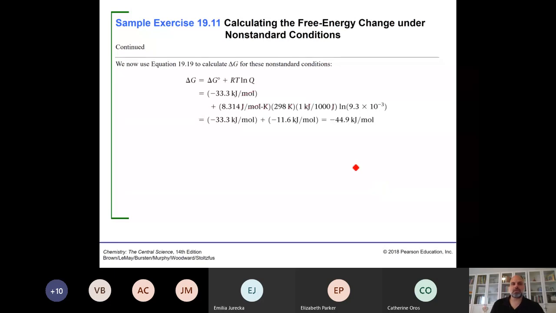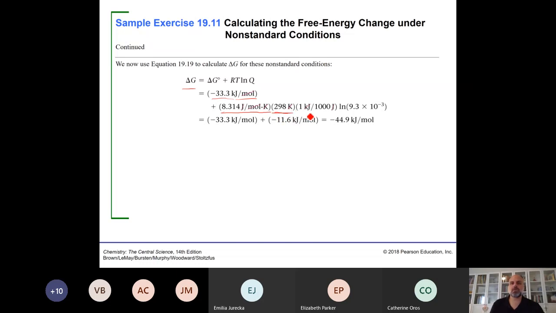We then plug this into the equation. Our delta G for the reaction is going to be equal to our delta G naught plus RT. R is the constant here, which, when you look up in the table, is 8.314 joules per mole Kelvin, times the temperature in Kelvin. You need to make sure you have Kelvin so you can cancel the K's out.